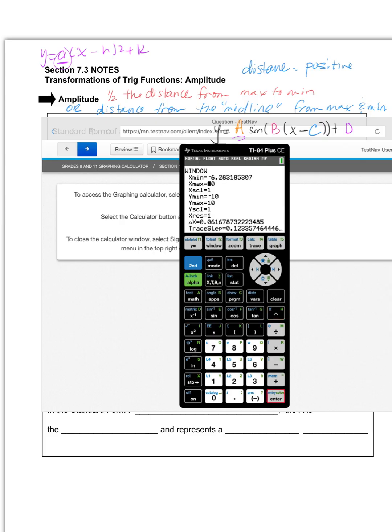The max is going to be 2 pi. It always goes into a decimal. Then our scale is going to be pi divided by 2, just like we do. Remember, those are the quadrantal angles. So you're going to hit second and the pi key, divide by 2. And then according to this, they went from -3 to 3. I think I did -4 and 4 in class.